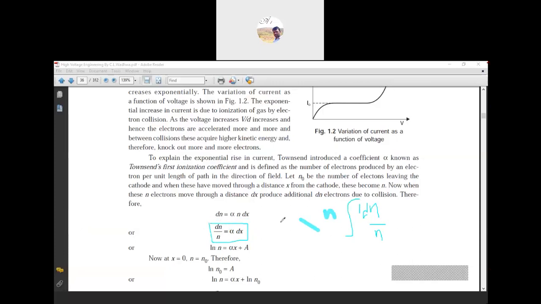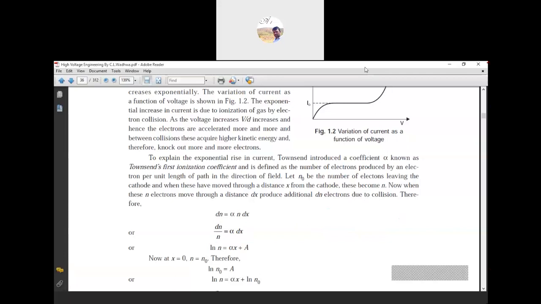So dn by n. We are integrating on both sides of this equation. So what will happen? It will be integrating alpha dx.